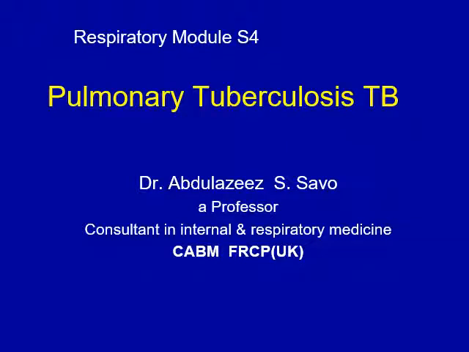The second lecture is on pulmonary tuberculosis. As you know, pulmonary tuberculosis is a very common chronic infection of the lung, also affecting organs other than the lung, like the lymph node, the pericardium, the pleura, the bone, and the meninges, but commonly affecting the lung.